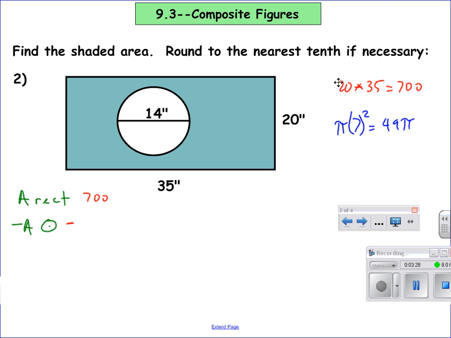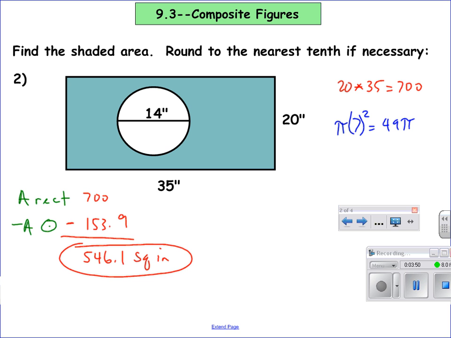And then 49 pi turns out to be 153.9 when you multiply it out as a decimal. Okay, subtract those two figures, and you've got 546.1 square. It's in inches. Okay? Nothing to it but to do it.